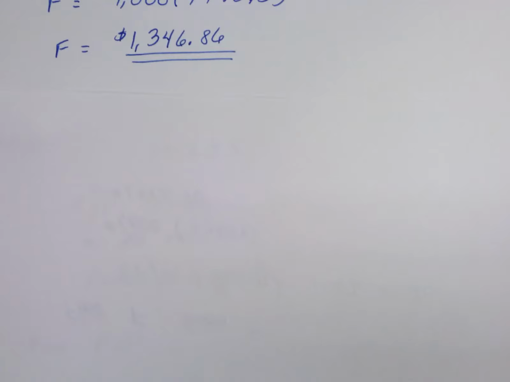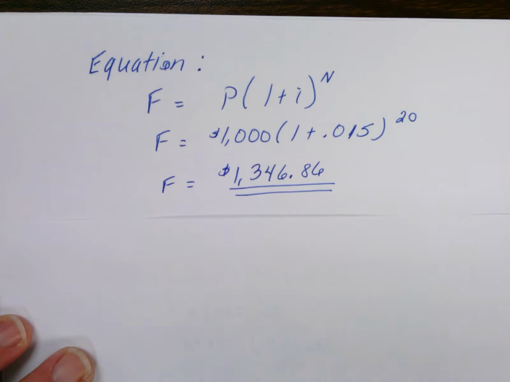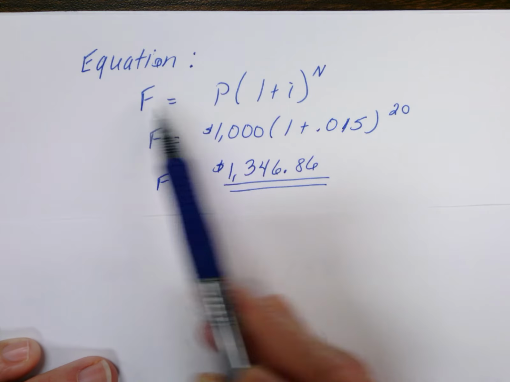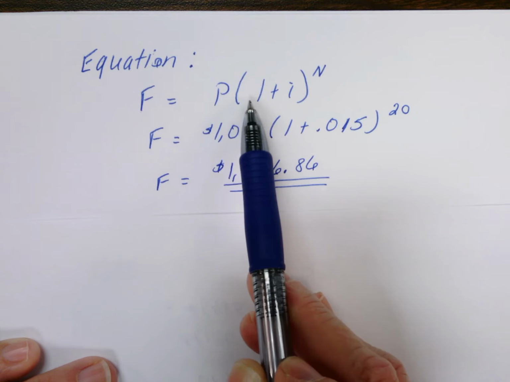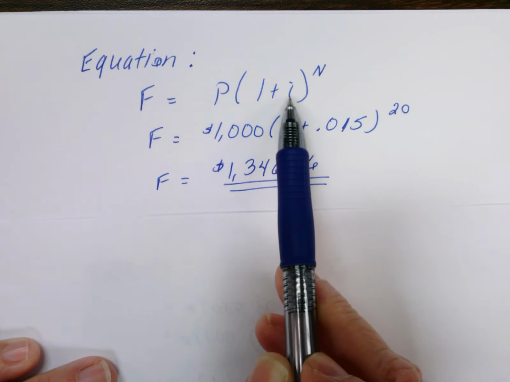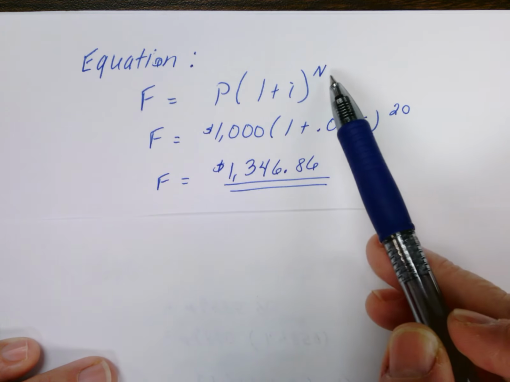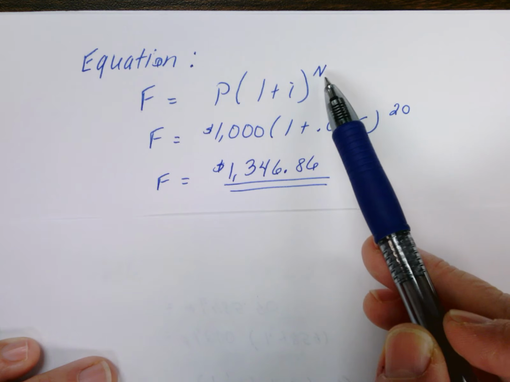All right, the formula way that you might want to start with, there's an equation to convert from present value to future value. Take the present value amount times 1 plus I, the effective interest rate, to N, the number of interest compounding periods, raised to that exponent.